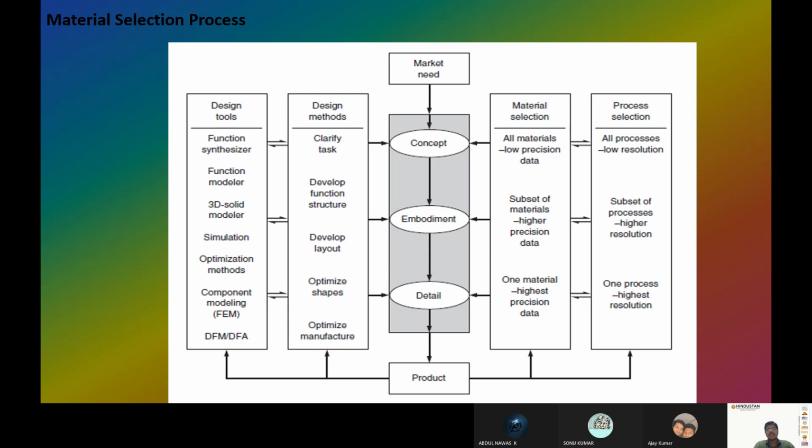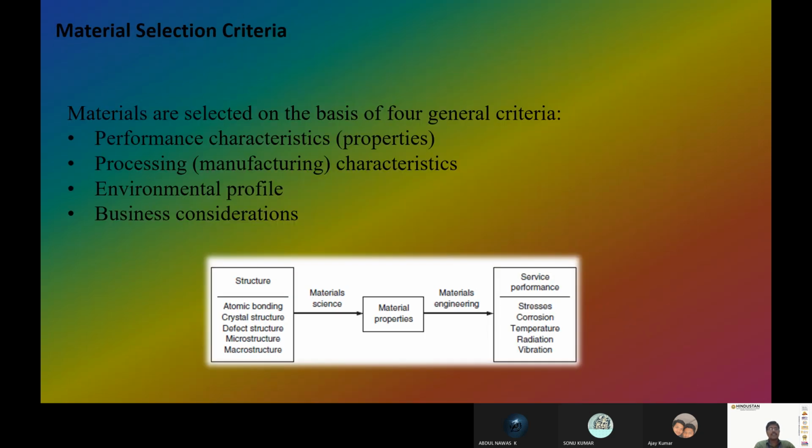Some important things that we used to do while we are selecting. I would like to show the selection criteria in the coming slide. Let us see the selection criteria. It is telling about the performance. That's why I told, if you are taking rubber, we need to know the property of that particular rubber.